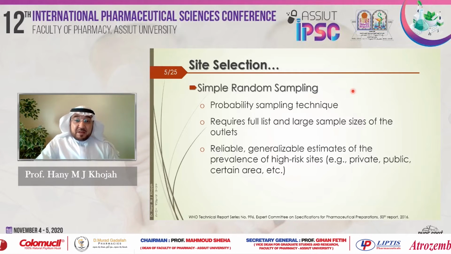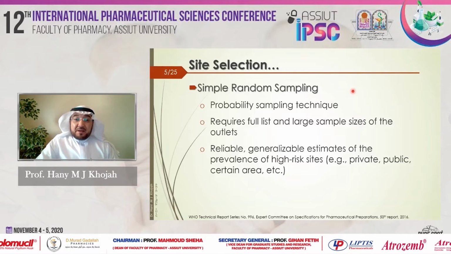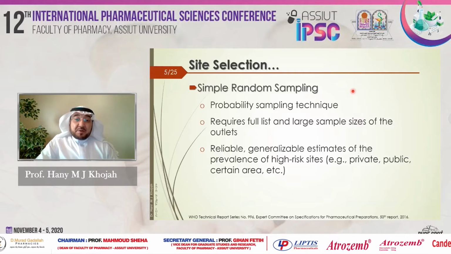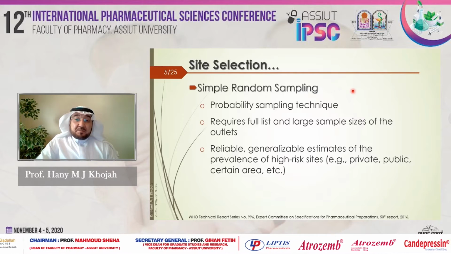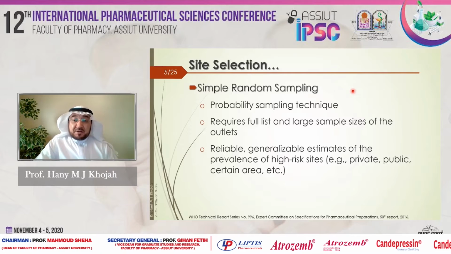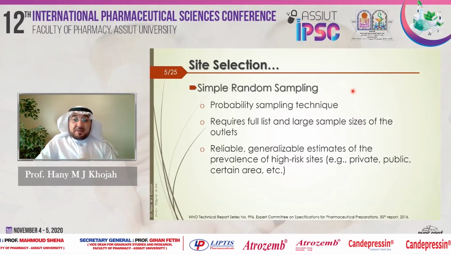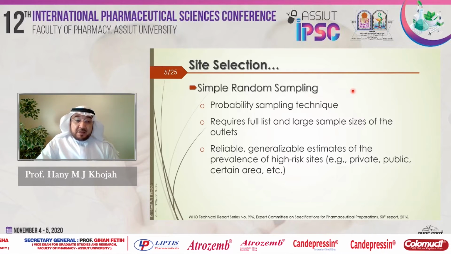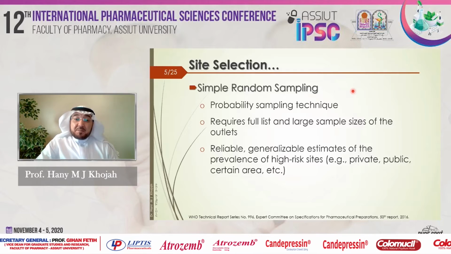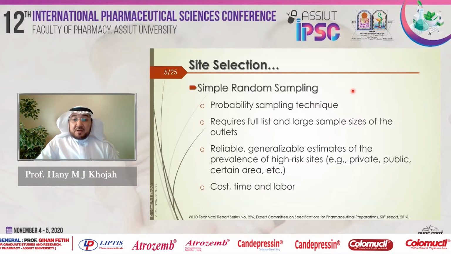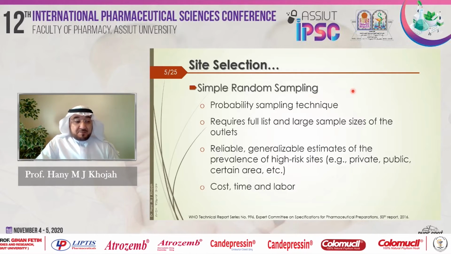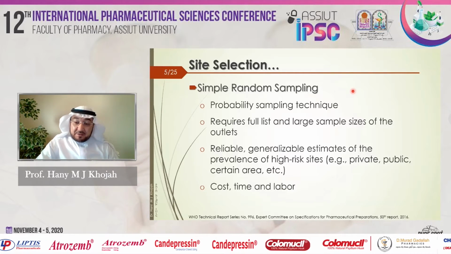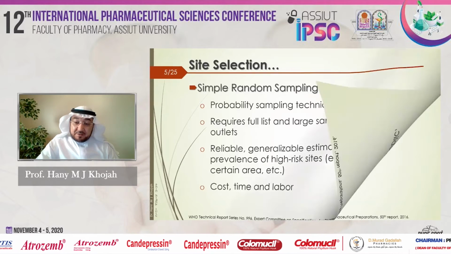But this method is reliable, it is generalizable, it can give an accurate estimation of the prevalence of high-risk areas or high-risk sites or geographic regions, or the high-risk also drug selling outlets. Are those pharmacies within the private sector or the public, the government? Unfortunately, this method is very costly, requires time, requires labor, and I'm sure we all know this fact.